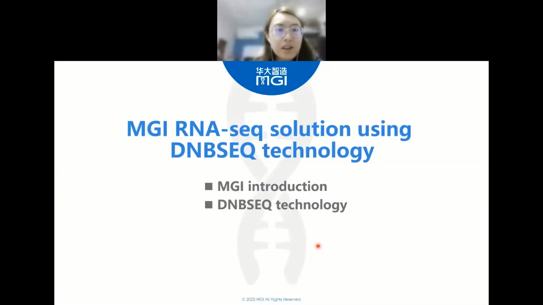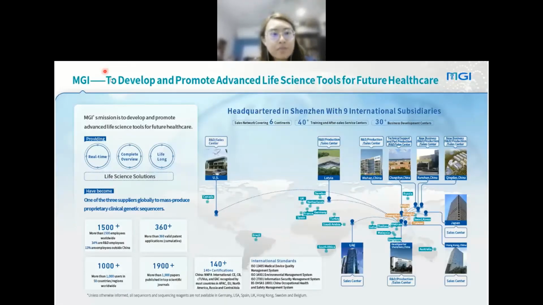Okay, so now I will move on to introducing MGI as a company and our proprietary DNB-seq technology. MGI's main mission is to develop and promote advanced life science tools for the future of healthcare.